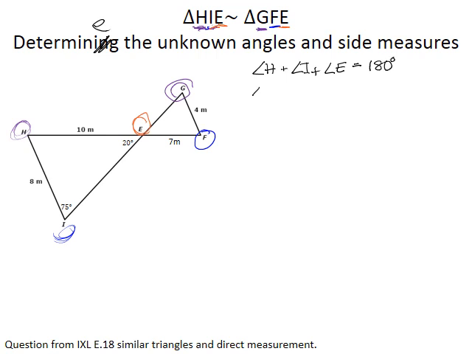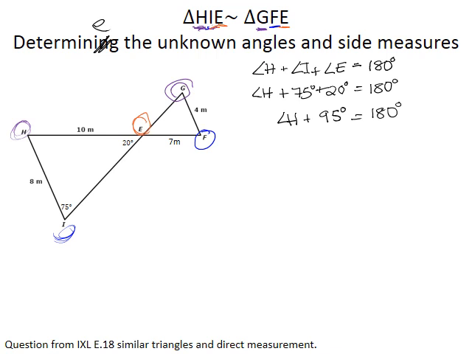I don't know the value of angle H, but I do know that the value of angle I is 75 degrees, and the value of angle E is 20 degrees. So that has to be equal to 180 degrees. Well, 75 plus 20 is going to give me 95, so angle H plus 95 degrees is equal to 180 degrees.